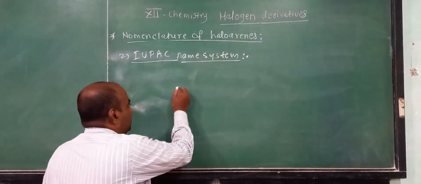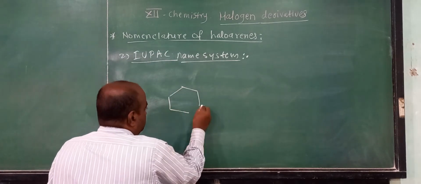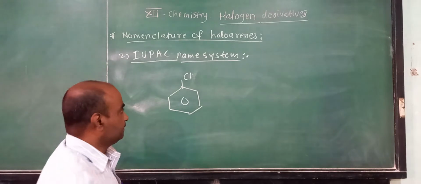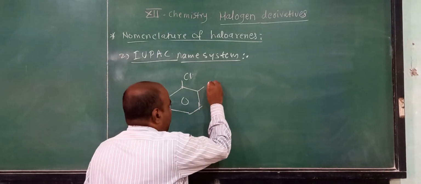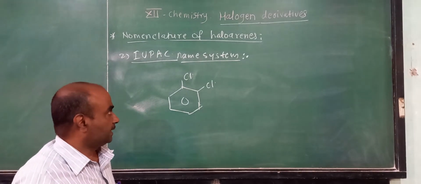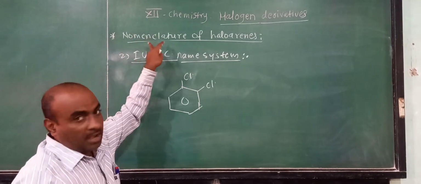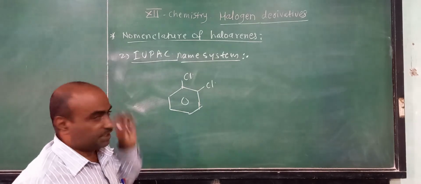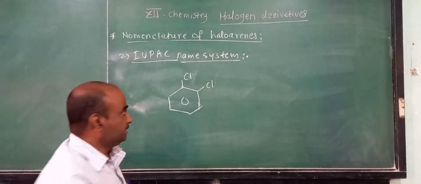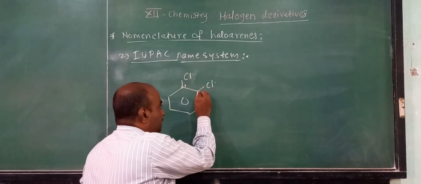For example, if we consider this structure of chlorobenzene, and on that position another chlorine atom is present, then the name of this is 1,2-dichlorobenzene. This will be carbon number 1, this will be 2.